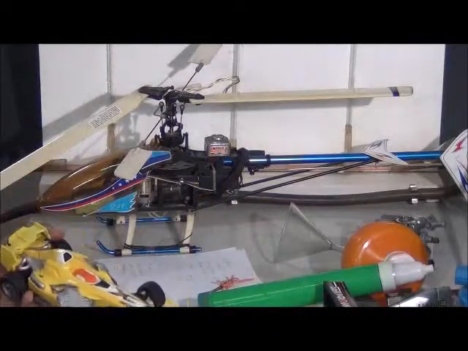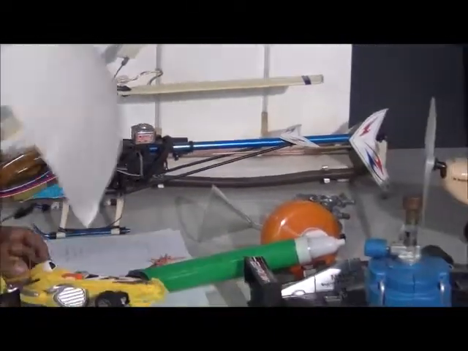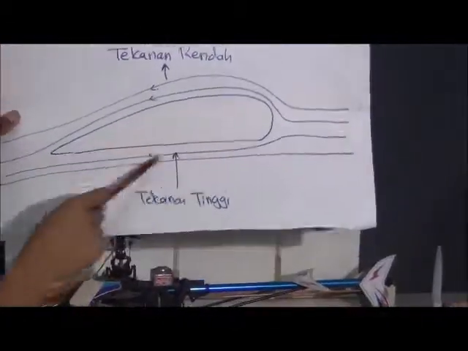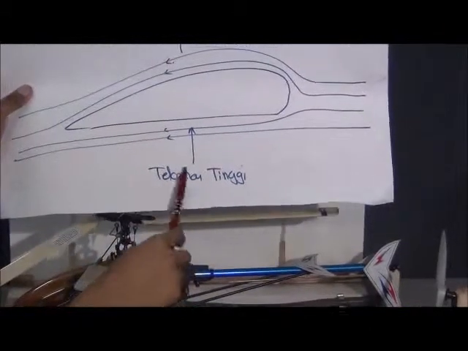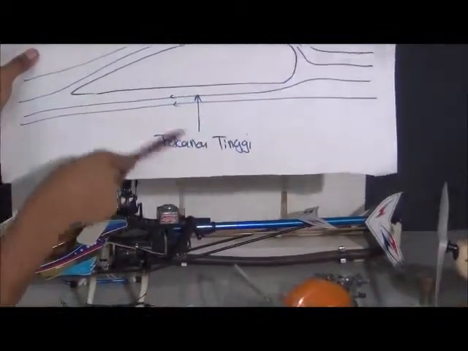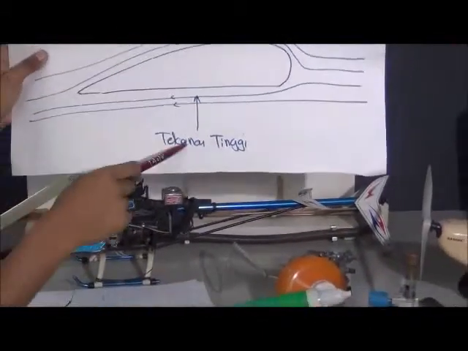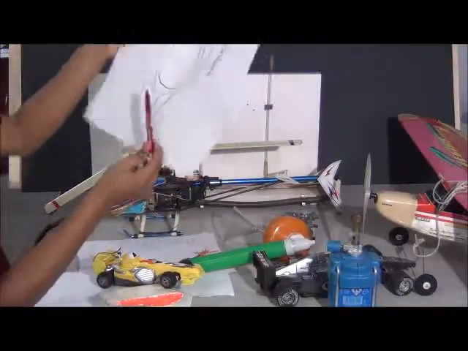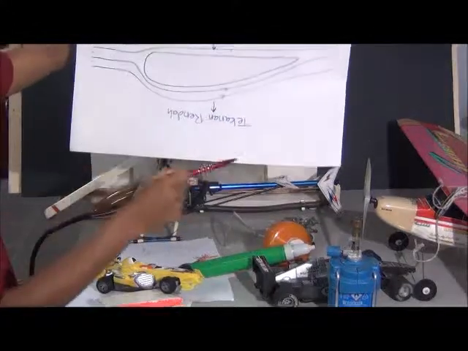This is a diagram of it. So this is low pressure and this is high pressure. So the high pressure will move to the low pressure, so it will fly. In the case of the F1 car, it will make it stick to the ground.